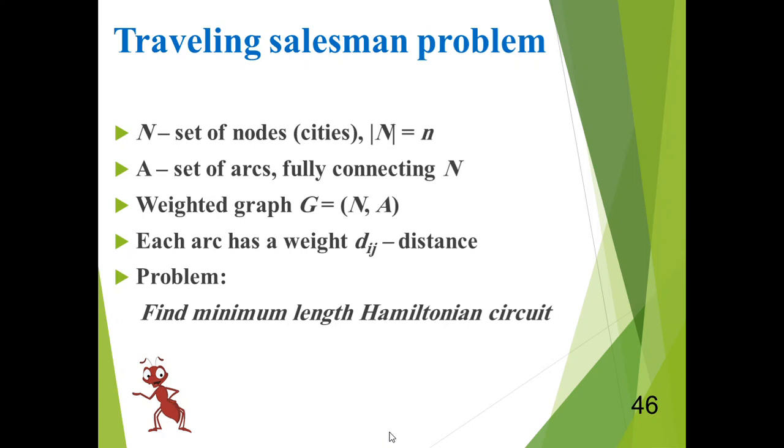Set of nodes, cities. Each city is fully connected, and the weighted graph G is the cities and the fully connected arcs of N. Each arc has a weight Dij, the distance. Problem: find the minimum length Hamiltonian circuit.